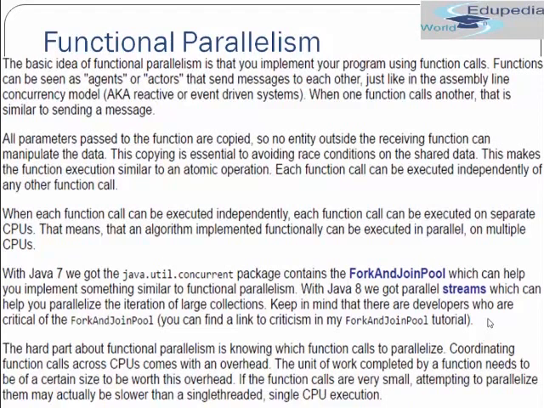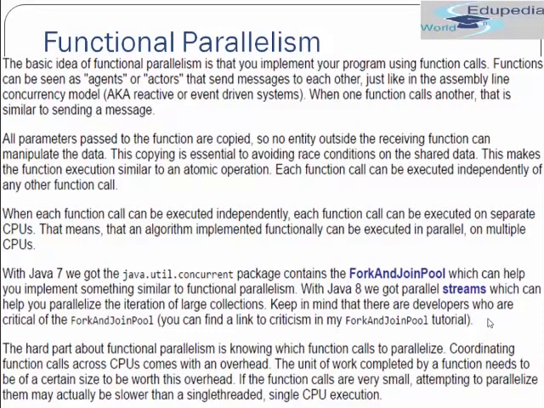That is also called a reactive or event-driven system. When one function calls another, that is similar to sending a message. All parameters passed to a function are copied, so no entity outside the receiving function can manipulate the data. This copying is essential to avoid race conditions on shared data. This makes the function execution similar to an atomic operation.